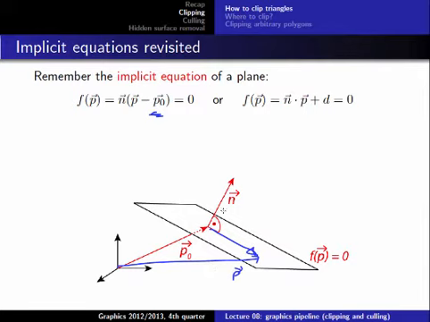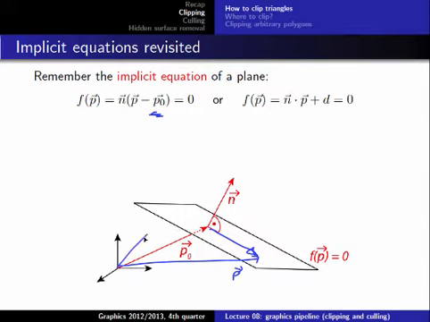By taking the scalar product, we know that this vector is on the plane if it makes a right angle with the normal vector, so if the scalar product is 0, then we know that this point is indeed on the plane.